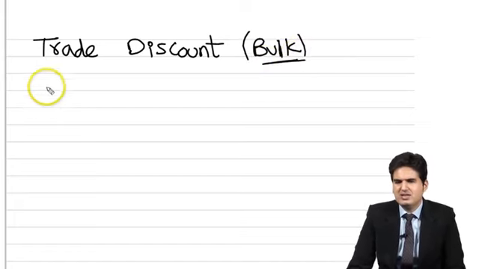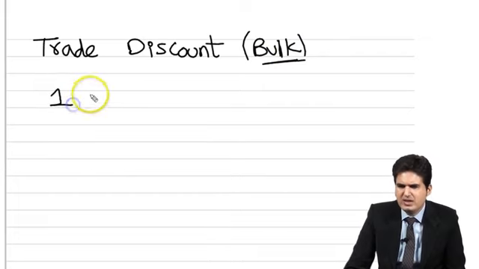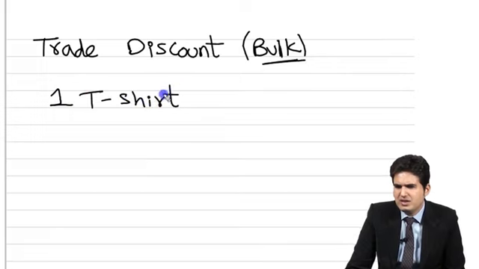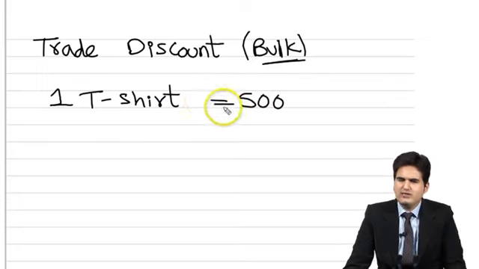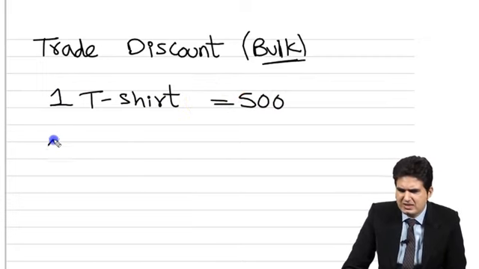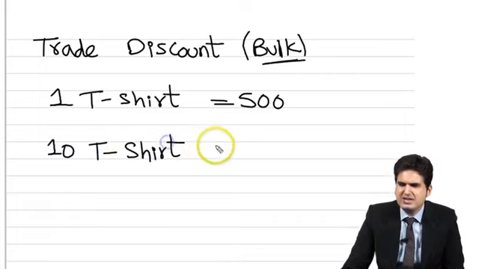It is like this. Let us say I go to buy a t-shirt. I purchase one t-shirt. Alright, and the price of one t-shirt is, let us say, 500. Now instead of purchasing one t-shirt, let us say I purchase 10 t-shirts.